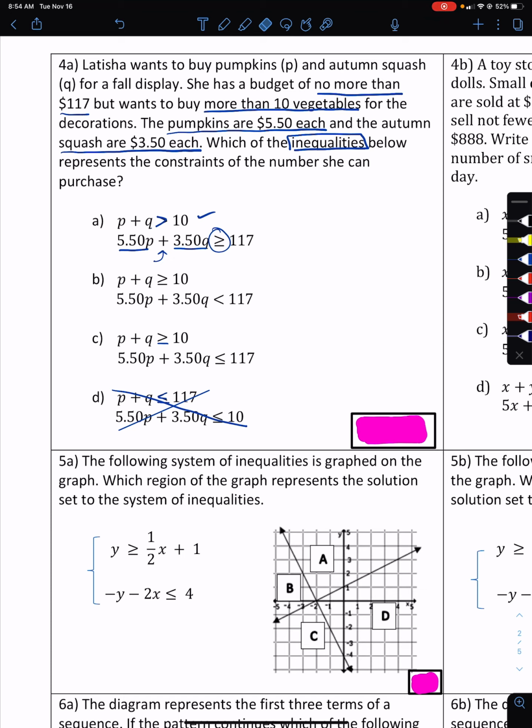I'm actually seeing a typo on my end because this should not have been greater than or equal to. It should have been less than or equal to, for that one to be correct. So let's correct that. Yeah, it would have to be A, but my inequality is backwards. Okay, so I'm going to go ahead and put A here. Go ahead and work on 4B.